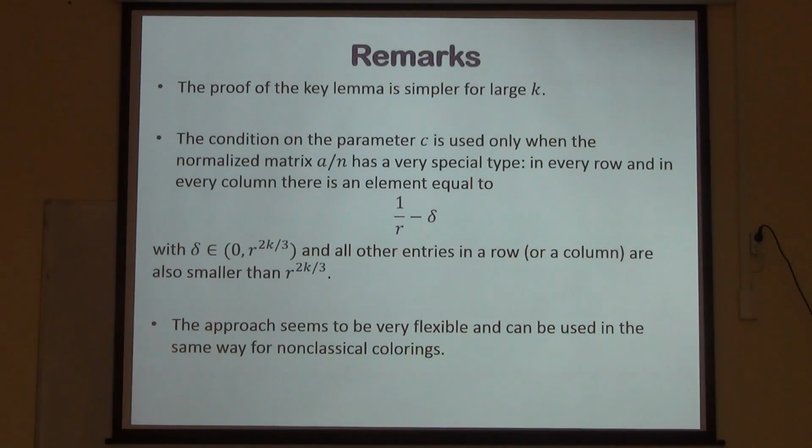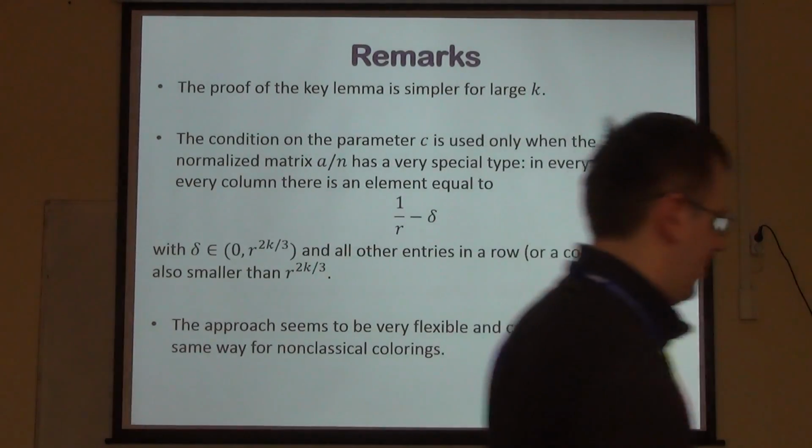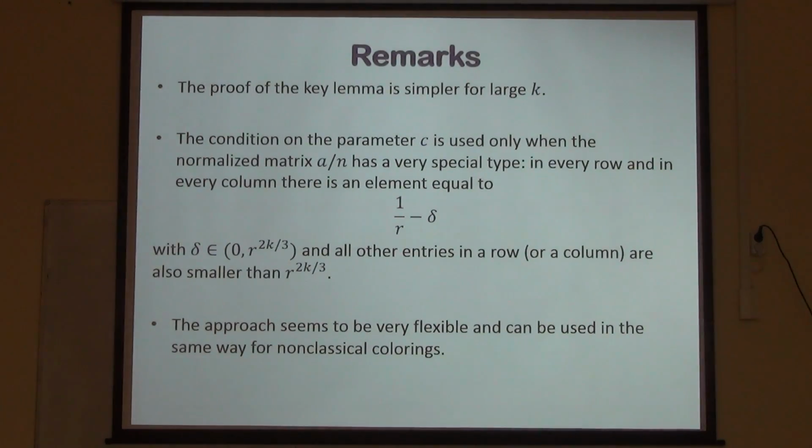This is when our matrix A, or rather the normalized matrix A over n, has a very special form. We have 1 over r minus something smaller. In fact, it should be something like this.